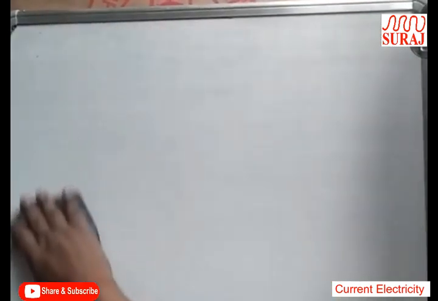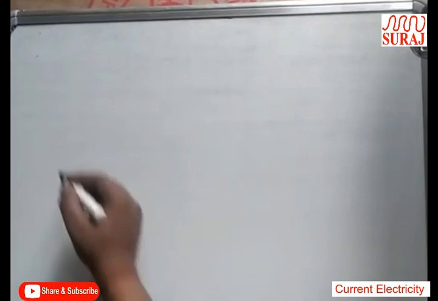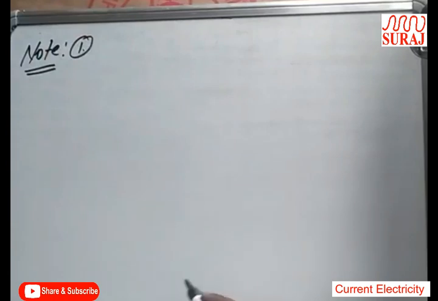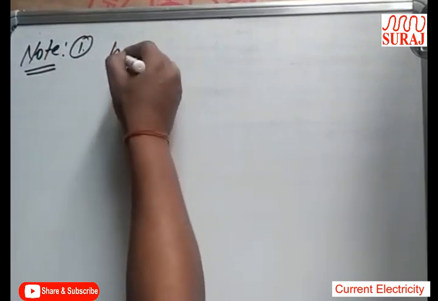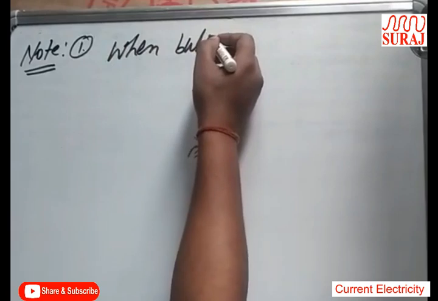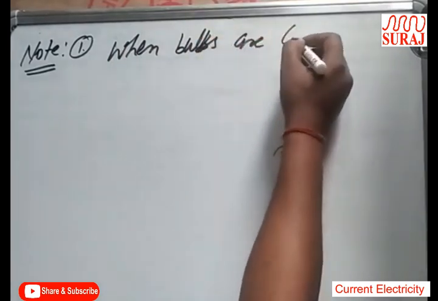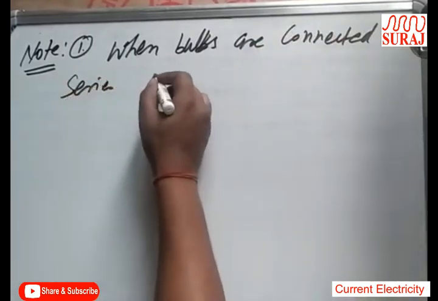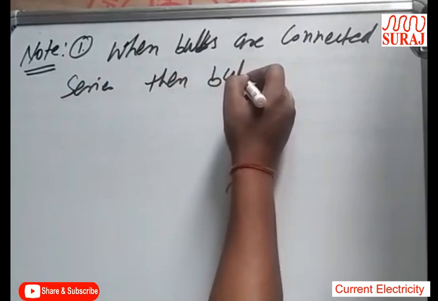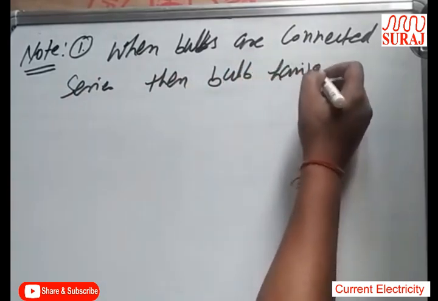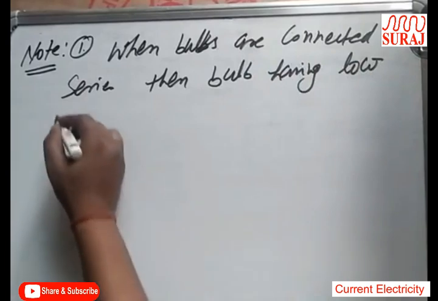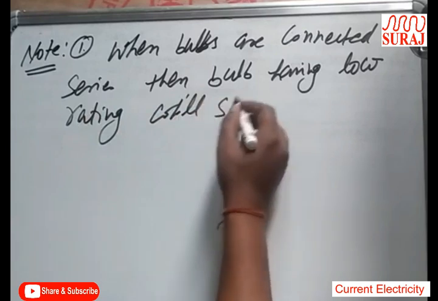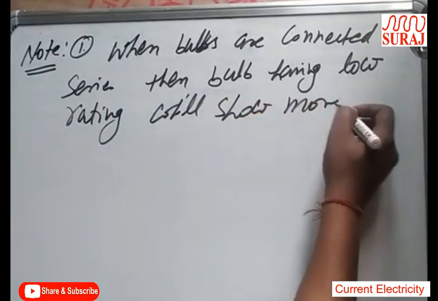Now from all of these discussions, I will quote two notes. Very important notes, we need to remember these for objective questions. When bulbs are connected in series, the bulb having low rating will show more brightness.